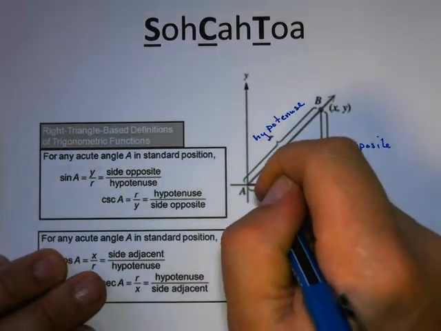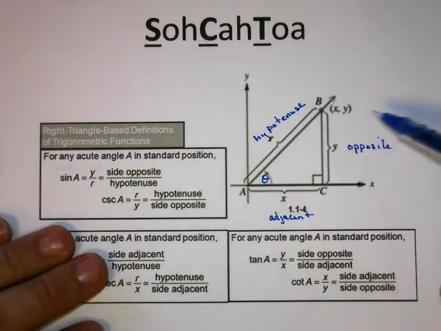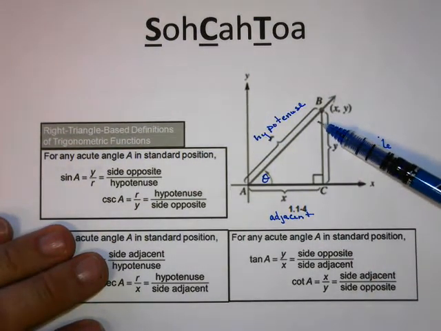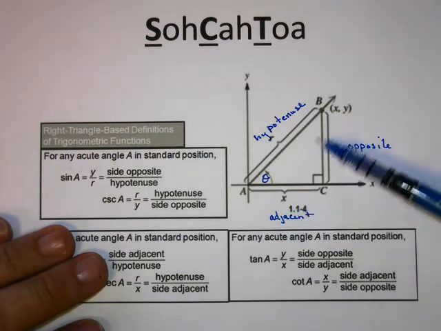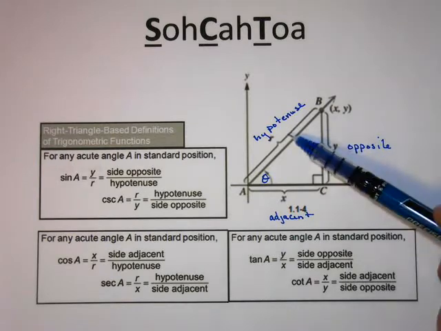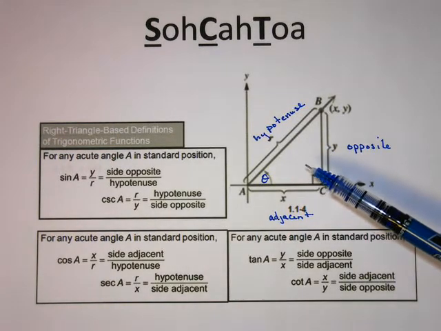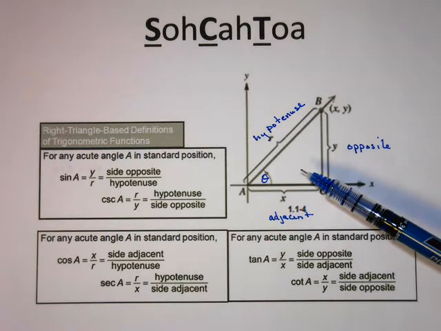And this angle is theta. Now, if we were going to a different angle, then that would change things. If we were using this angle, this would be opposite, this would be adjacent, and this would still be our hypotenuse, opposite that 90-degree angle.